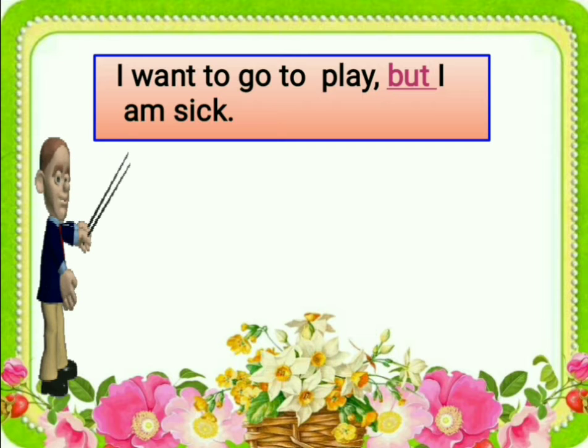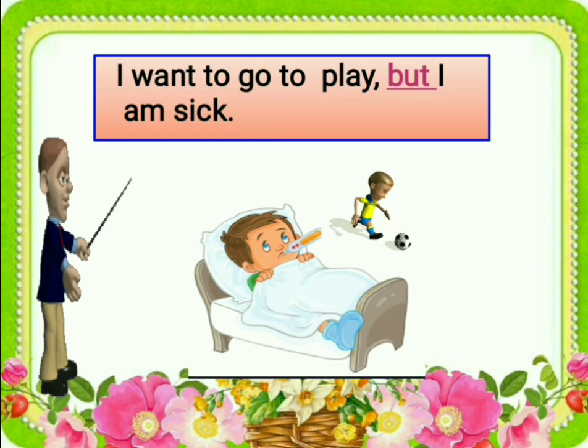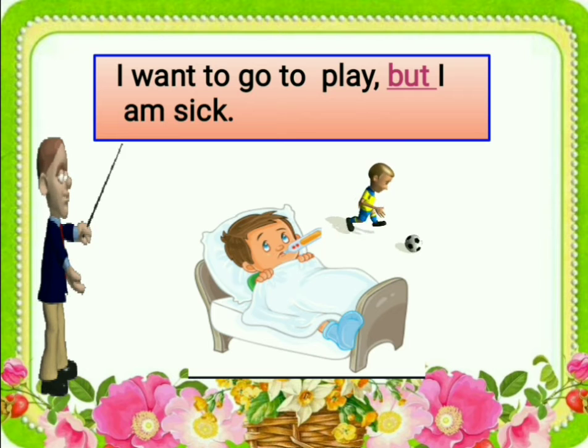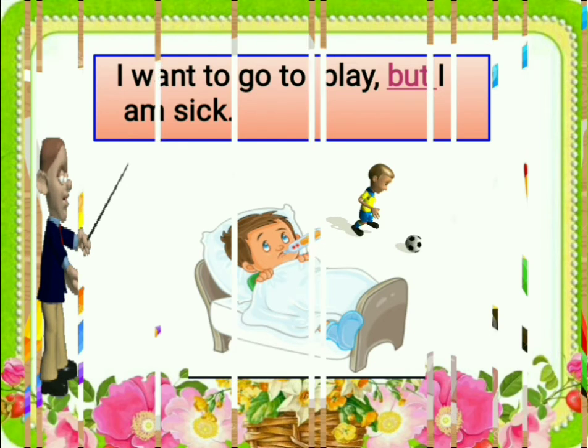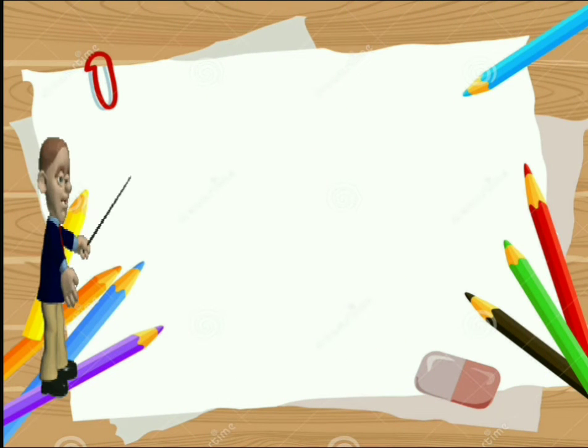I want to go to play, but I am sick. Here, in this sentence, the conjunction but is used to connect opposite ideas. Now, let us see the next conjunction and its use.